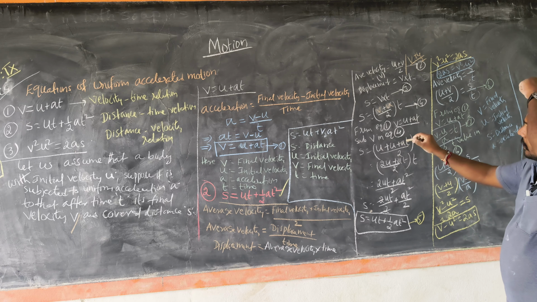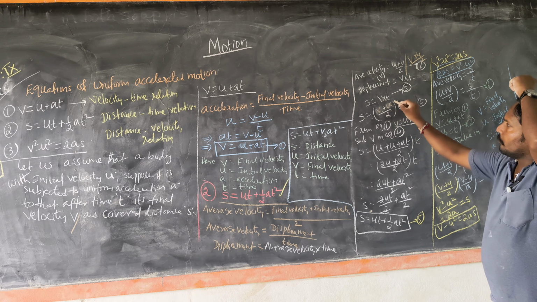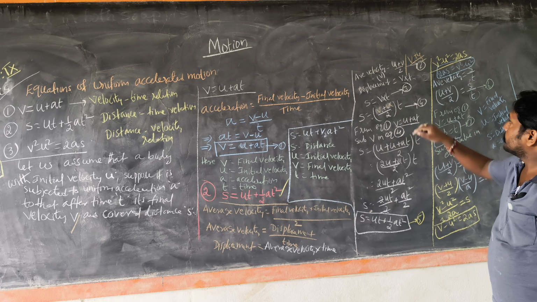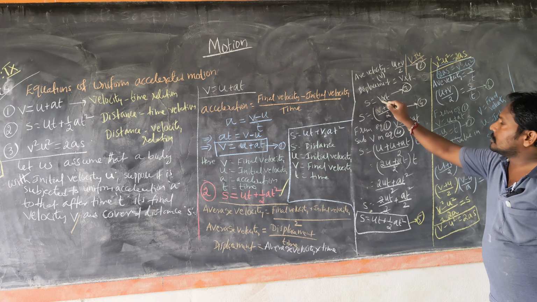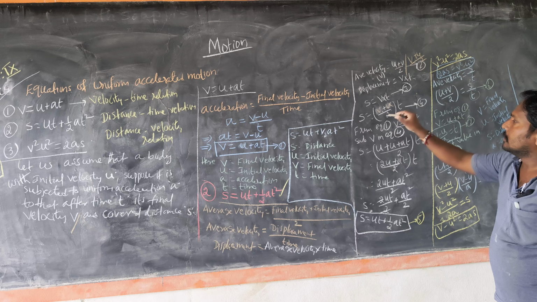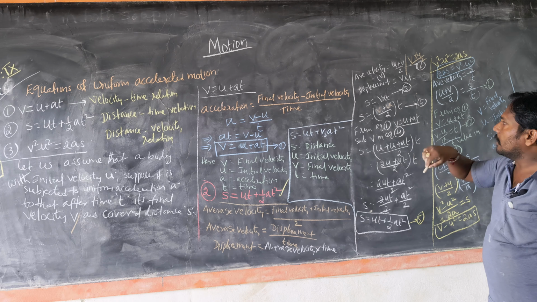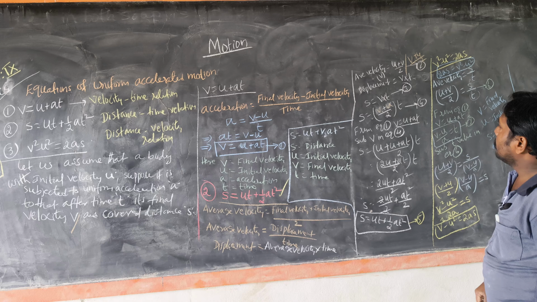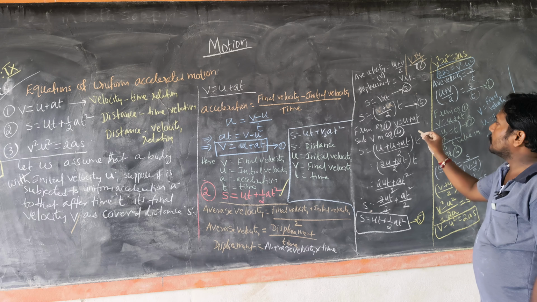Then from the formula s is equal to v into t, displacement is equal to velocity into time, that is, average velocity into time. So substitute the values.